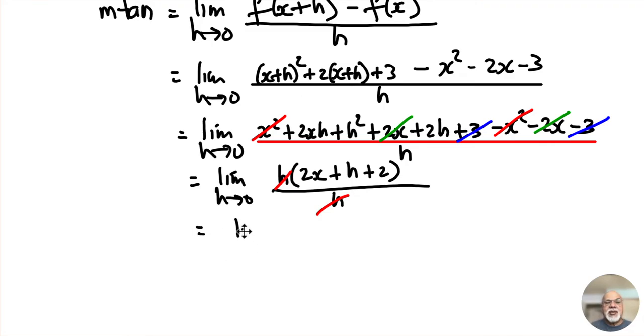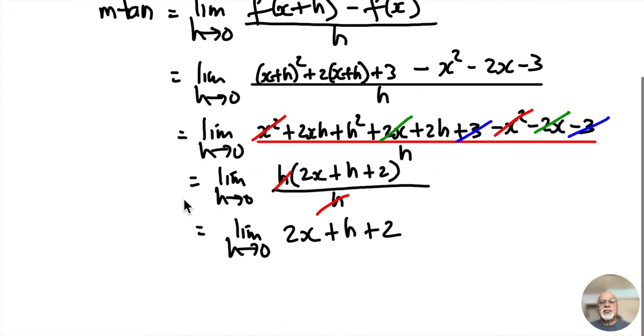And so we end up getting the limit as h goes to 0 of 2x plus h plus 2. And as h goes to 0, this term goes to 0 because h is 0, so I can do that. And we end up with the expression 2x plus 2.